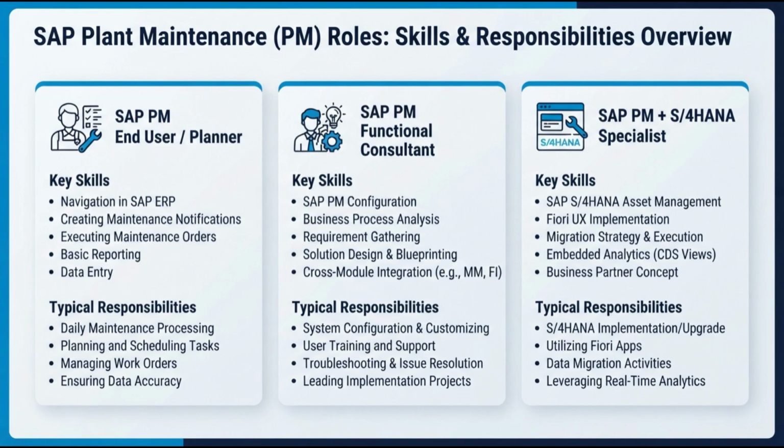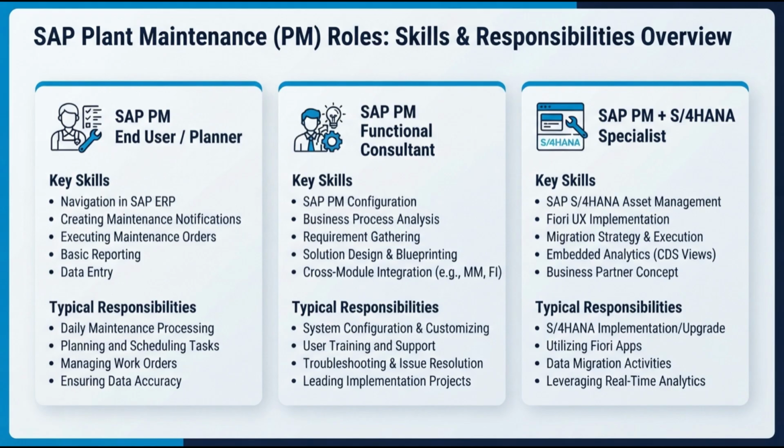Common roles in the SAP PM ecosystem include maintenance planner or end user, SAP PM functional consultant, and S/4HANA EAM specialist. End users need strong process knowledge and system navigation skills. Functional consultants need configuration knowledge, integration understanding, and the ability to gather business requirements.